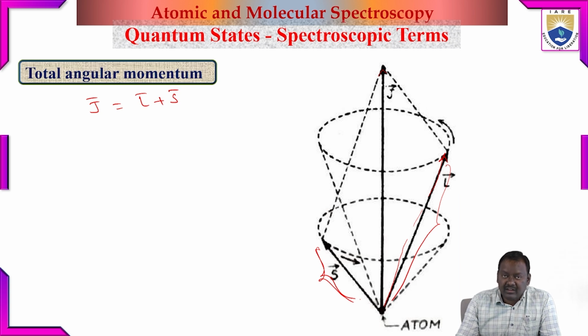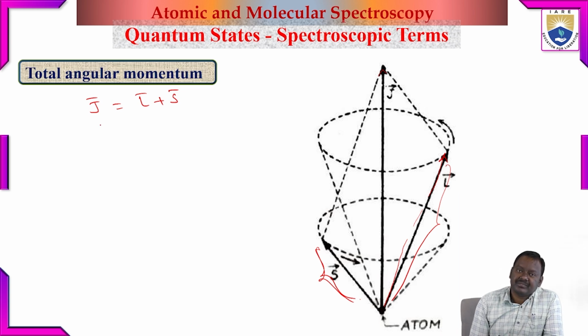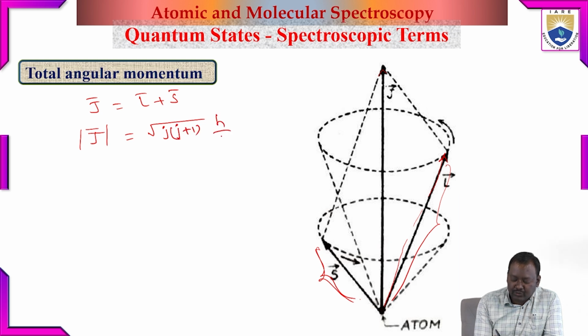As in the case of the orbital angular momentum vector, according to the quantum mechanical description, the length of j bar is given by square root of j into j plus 1 times h cross, or h by 2 pi.